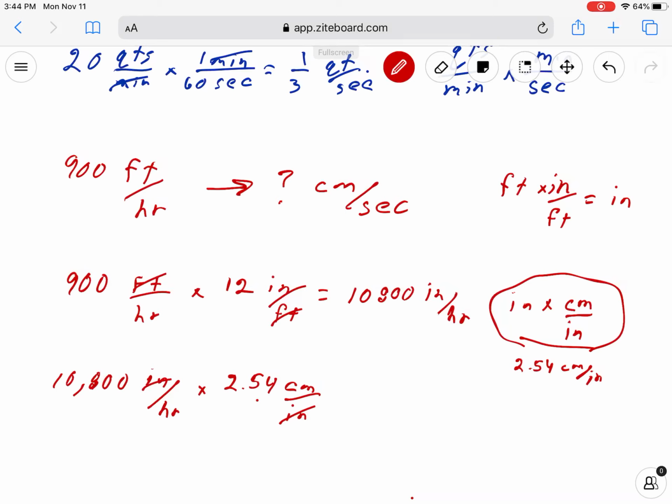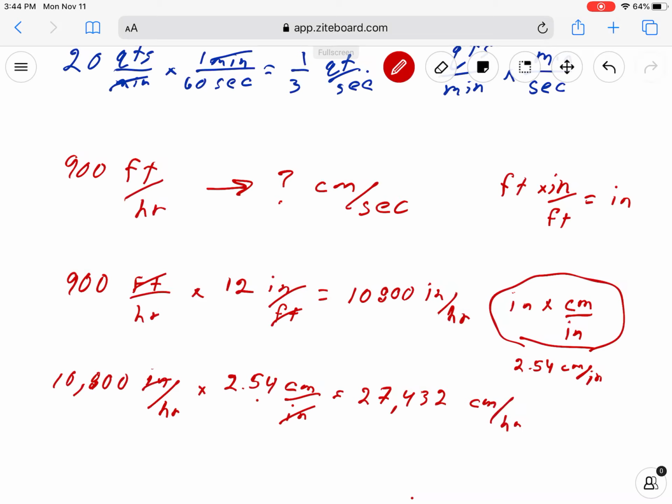The inches will cancel. And let's see, I need a calculator here. So I have 10,800 times 2.54. That is 27,432 centimeters per hour.